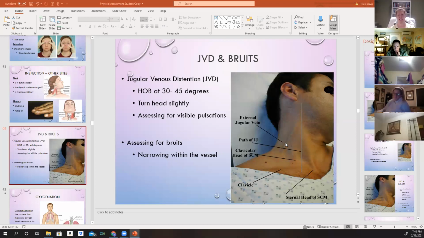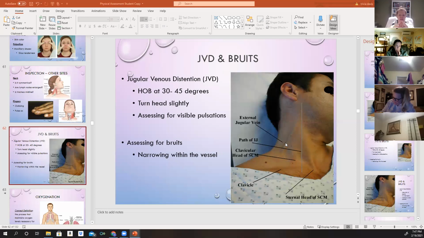And those strokes and those TIAs are caused by plaque buildup in those vessels. So if you want to do the bruit, you would palpate that artery with your finger, put your finger pads right over top of it. You want to determine whether there's a thrill or a slight vibration present. That's what we call it, a thrill. You can feel it. A bruit is when you would be able to hear it with your stethoscope.